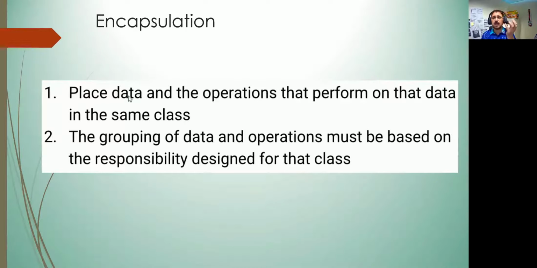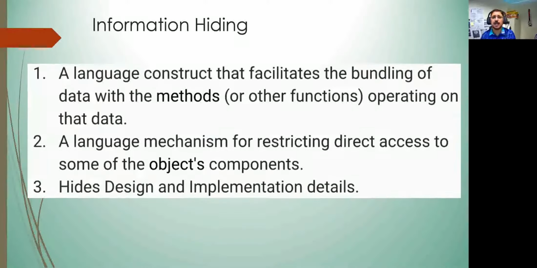There should be only one interface which is public, and the public can interact with that. In this way, the data is hidden and encapsulated. So this process is called data encapsulation or data hiding.